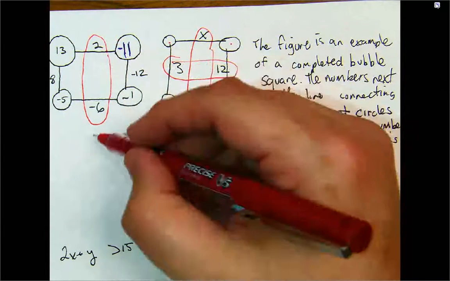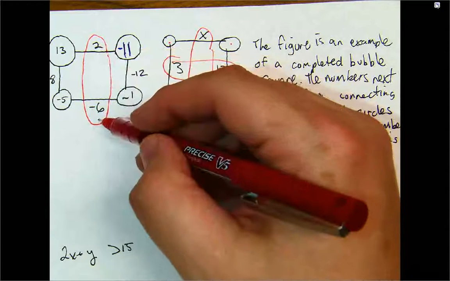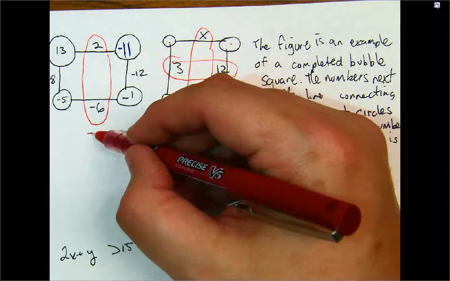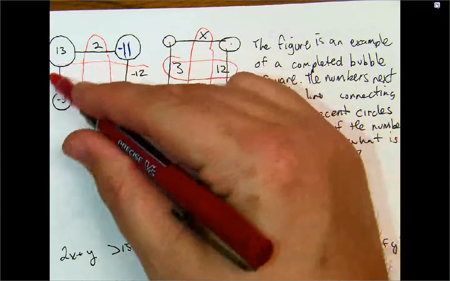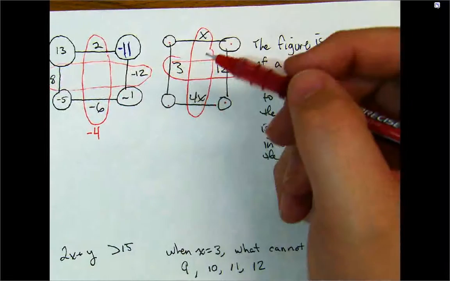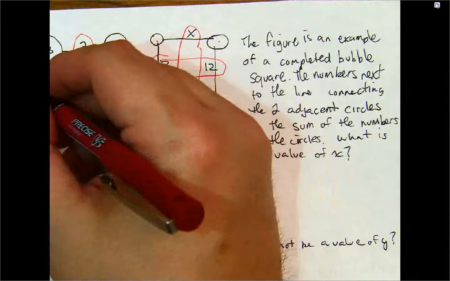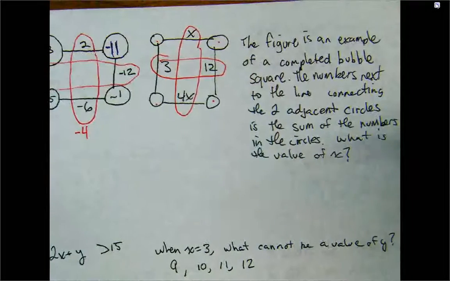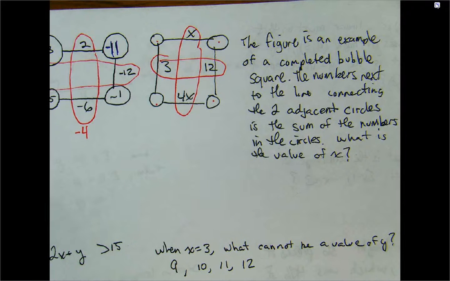What's 8 plus negative 12? Negative 4. So that's the pattern that jumped out at me when I got stuck with everything. Well, 3 plus 12 should equal x plus 4x.